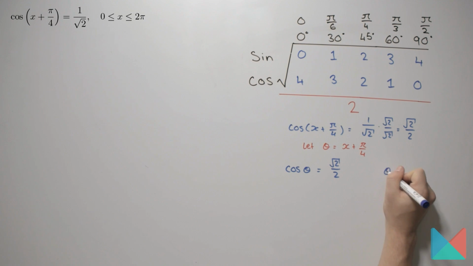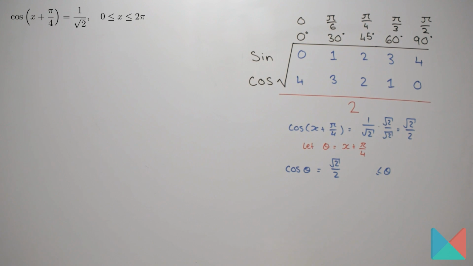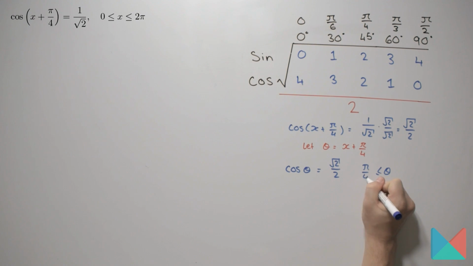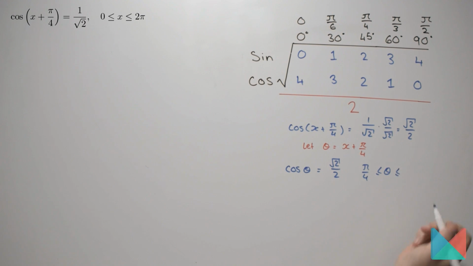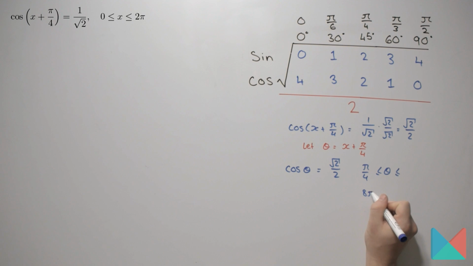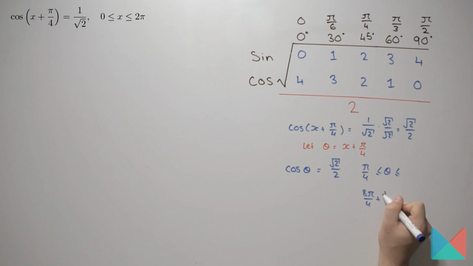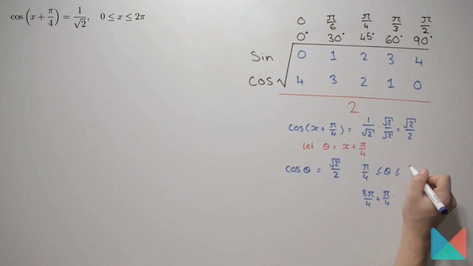So if we start with our x being greater than or equal to 0, then our domain of theta must be greater than or equal to 0 plus pi on 4, which is going to be pi on 4. And it's going to be smaller than or equal to 2 pi plus pi on 4, and 2 pi can be rewritten as 8 pi on 4 plus pi on 4, which is going to give us 9 pi on 4. So we get 9 pi on 4.